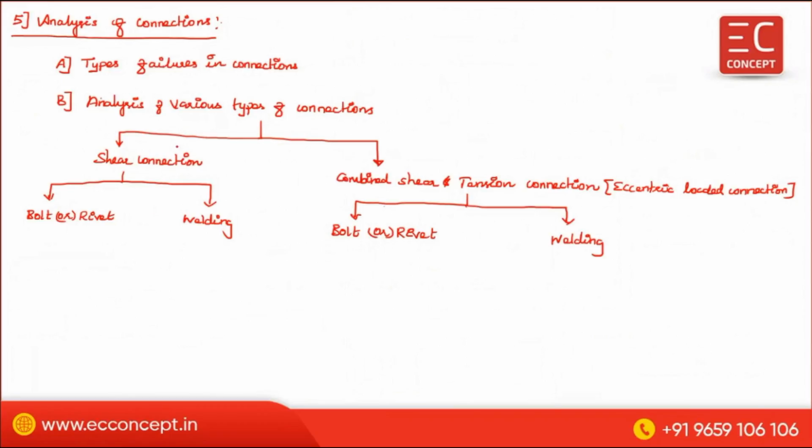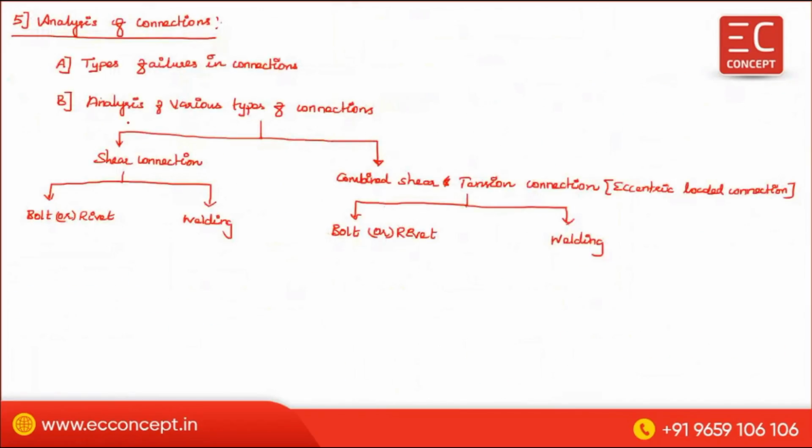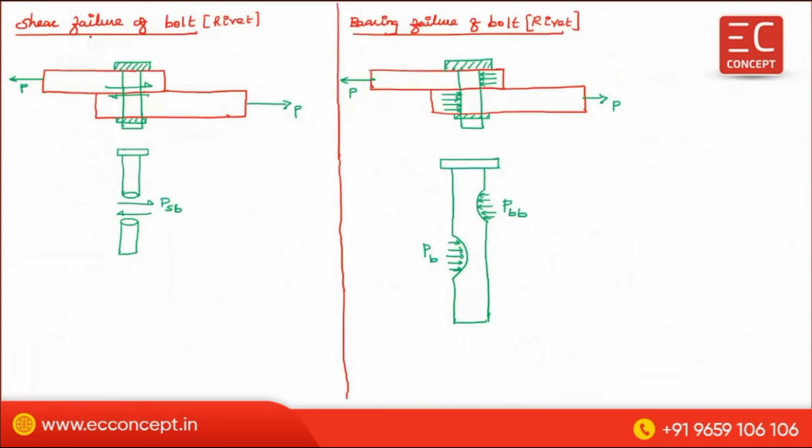Then we will go to eccentrically loaded connections for bolt, rivet and welding. So first we are going to see bolted connection. That is part B.